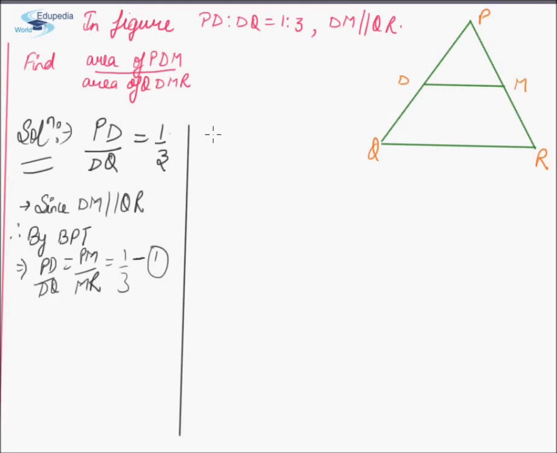So if we are able to convert this denominator into PQ and PR, then we will be able to solve some amount of this problem. So for conversion, let us reciprocate equation 2, which will give us DQ over PD equal to MR over PM.